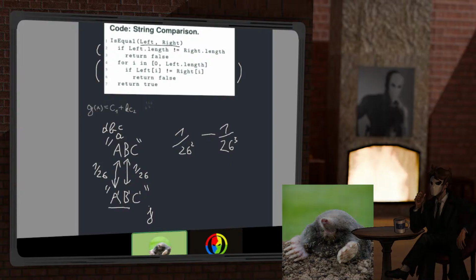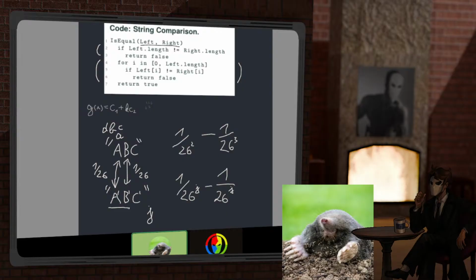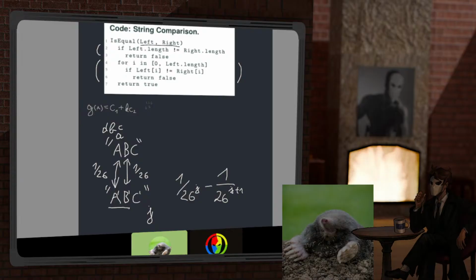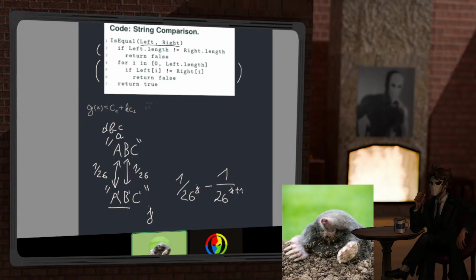Now that's good. We have the probability that the first j characters are equal, and we can do it with j instead of actual numbers: 1 over 26 exponent j, minus 1 over 26 exponent j plus 1. This is useful because with this we can do a weighted average to get the actual average number of equal characters.